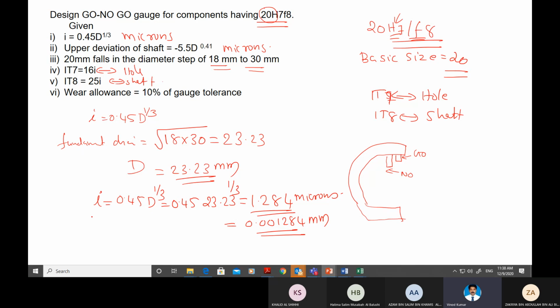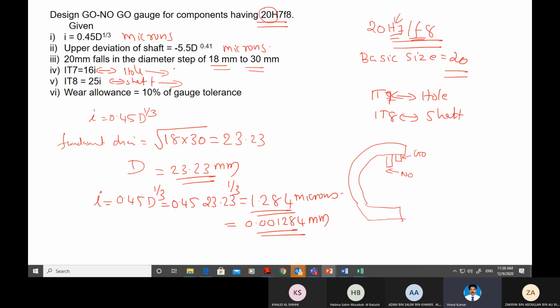If I get I, I can calculate IT7, 16I. Can you calculate the value and give me the exact number for 16I?